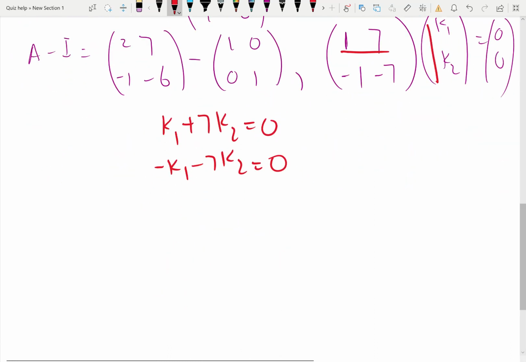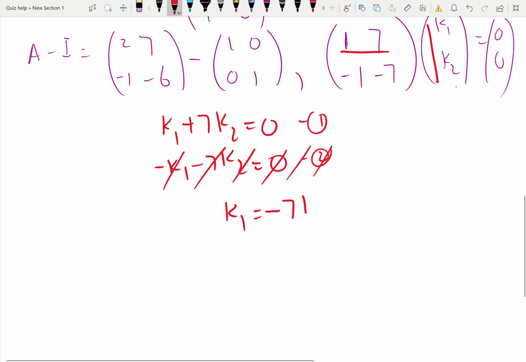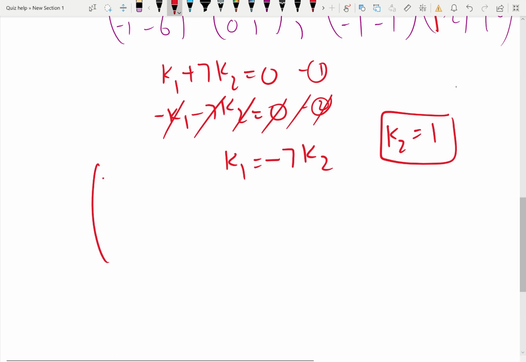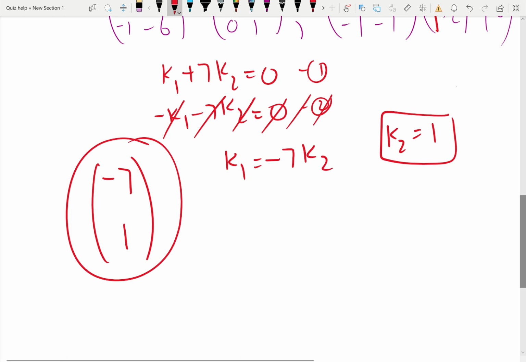These two equations are the same, since the first equation multiplied by negative 1 gives the second equation. So this doesn't matter. k1 is negative 7k2. Choose a number for k2. Let's choose k2 to be 1; you can choose negative 1 also, it doesn't matter. Then k1 is negative 7, k2 is 1. So that's the second eigenvector.